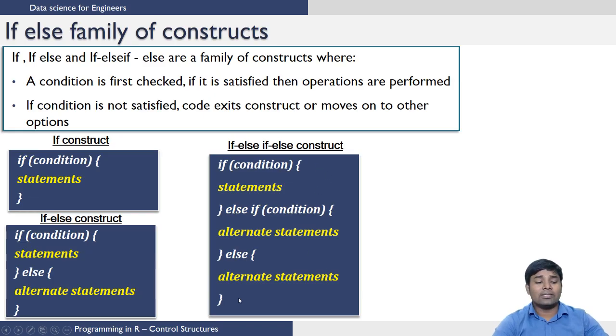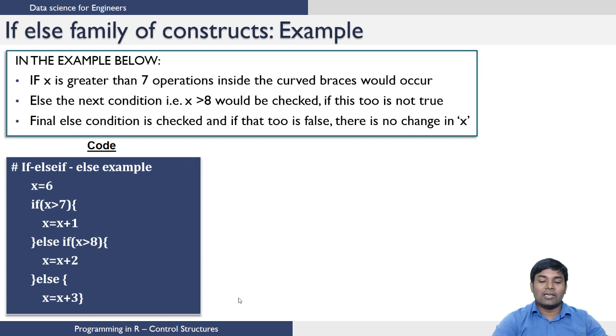To illustrate this, let us consider this example here. We assign a value of 6 to x. We are checking if x is greater than 7. Because the value is 6 and we are checking the condition 6 is greater than 7, which is false, this statement will not be executed. Now it will check whether the next condition, x is greater than 8.